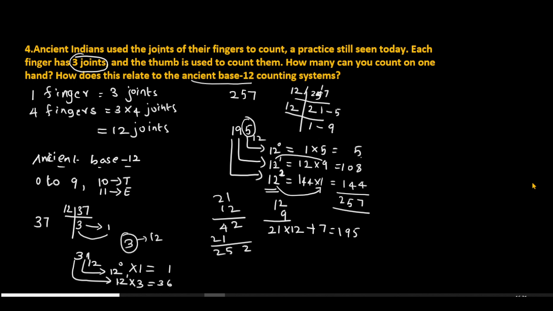Like that you can check for a 4-digit number also. I'll give a 4-digit number: 2146. When you are finding the long division, you will get 178, and the remainder is 10.